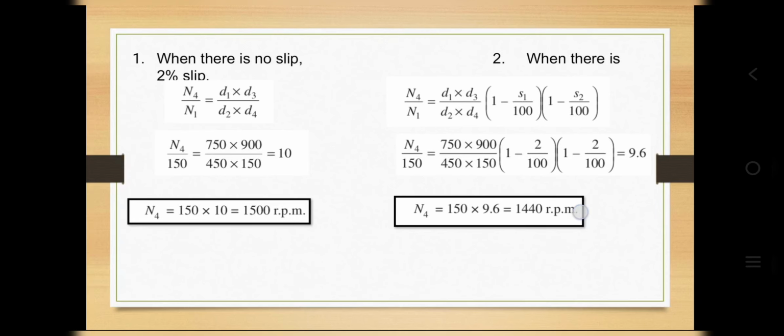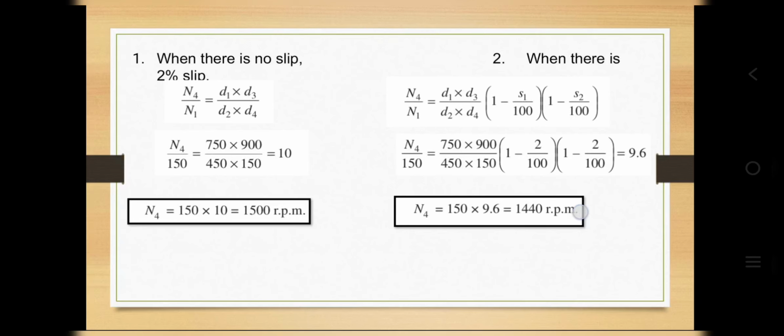N1 is given 150, D1 is given 750, D3 is given 900, divided by 450, that is D2, and D4 is given 150, which equals 10. So N4 divided by 150 equals 10; 150 is multiplied by 10, and that equals 1500 rpm. When there is no slip, N4, the dynamo shaft speed, equals 1500 rpm. Now when there is 2% slip.